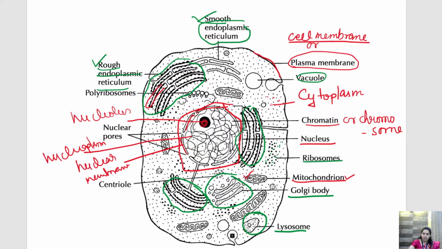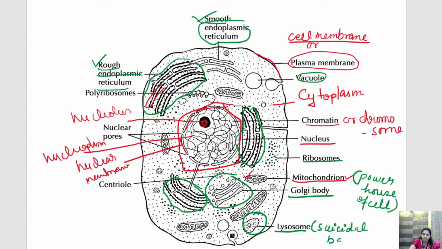Here is the most important thing, and a question asked very frequently: which organelle is called the powerhouse of the cell? Mitochondria is called the powerhouse of the cell. Alright. And lysosome is called suicidal bag.